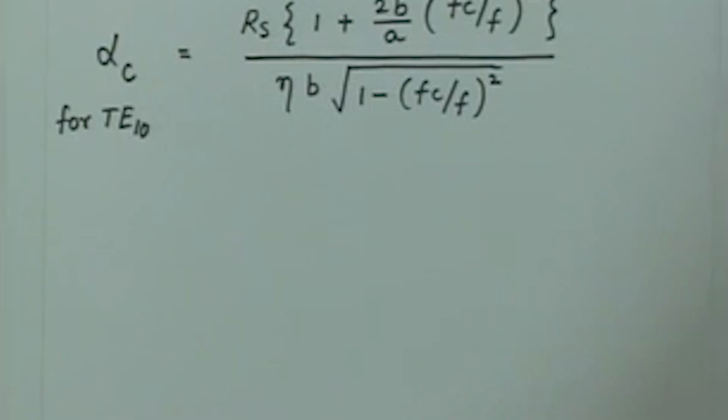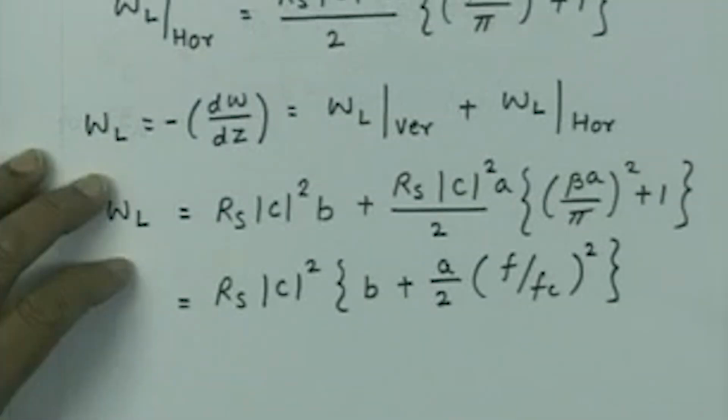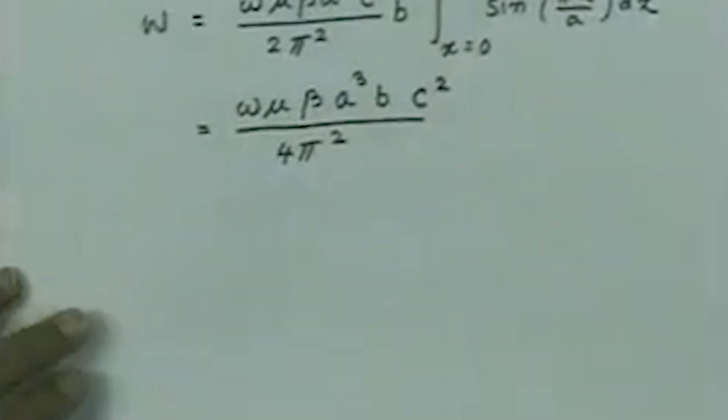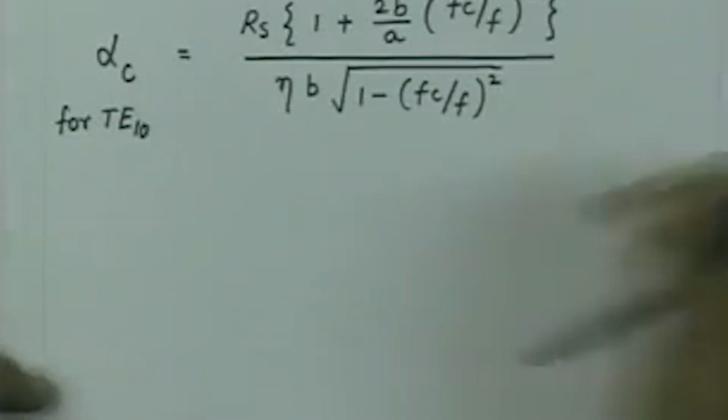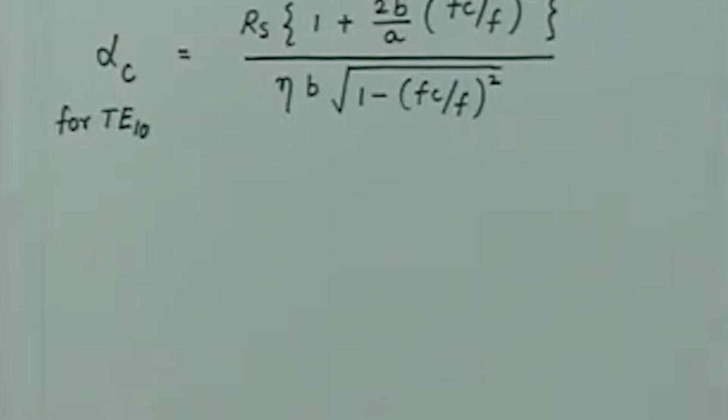It's a matter of only algebraic manipulation that from here WL and W which we have derived, we can write this quantity in terms of the cutoff frequencies and the frequency, and while doing little algebraic manipulation you can get the expression for the attenuation constant.